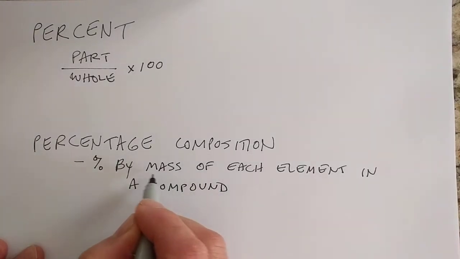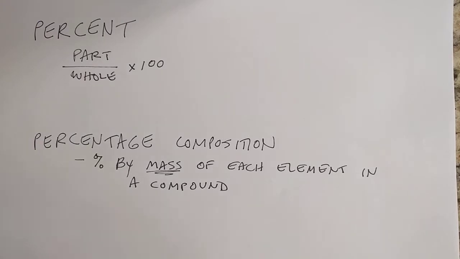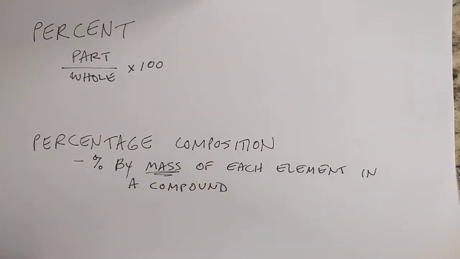And we have to really recognize this is by mass, because you could do percent by moles or percent by volume, but when we say percentage composition, we mean the percent by mass. So let's do an example of that.